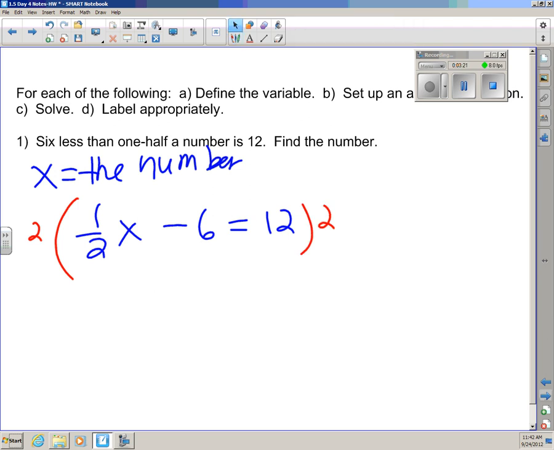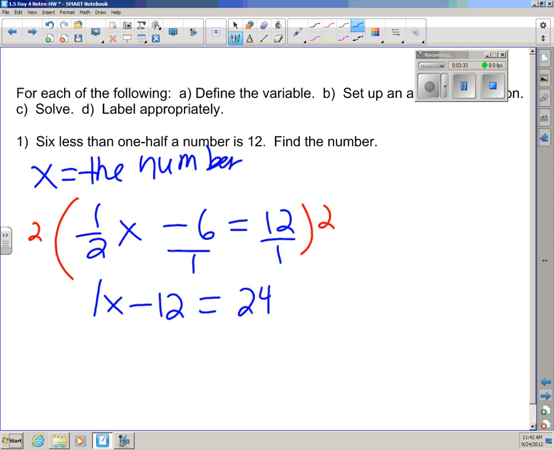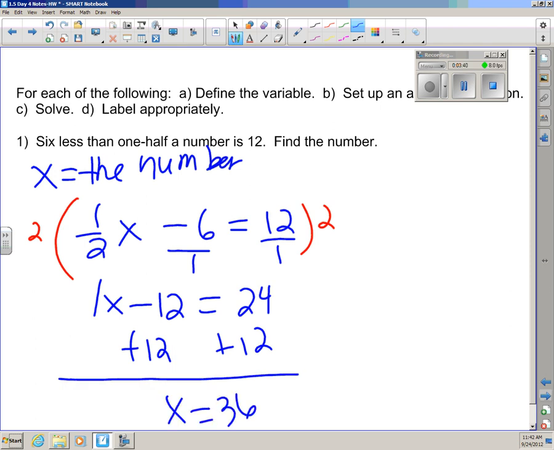I'm going to multiply everything through by 2. 2 divided by 2 times 1 is 1x. 2 divided by 1 is 2 times -6 is -12. 2 divided by 1 is 2 times 12 is 24. Add 12 to both sides, and x equals 36. So the answer in this case is the number that I'm thinking of, where 6 less than half of it happens to be 36.